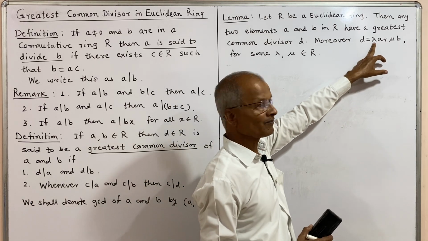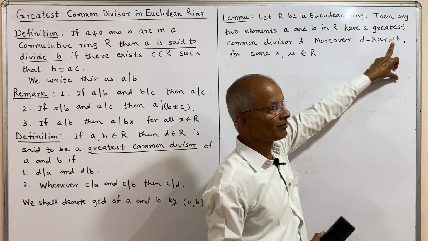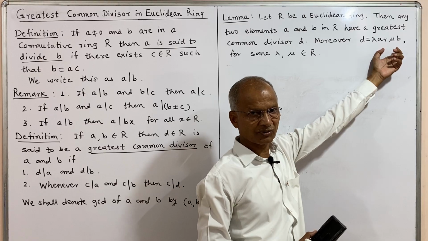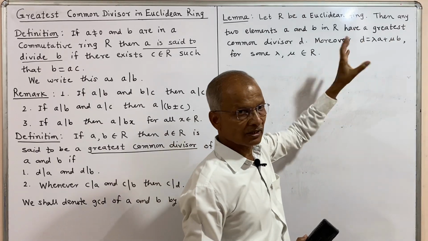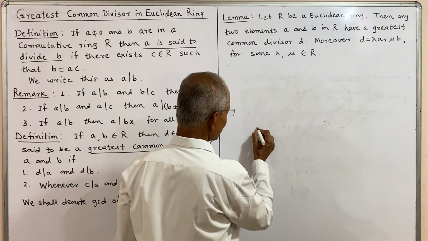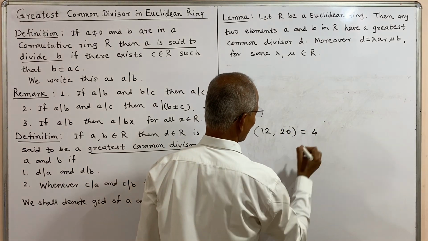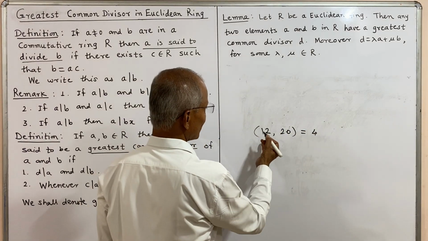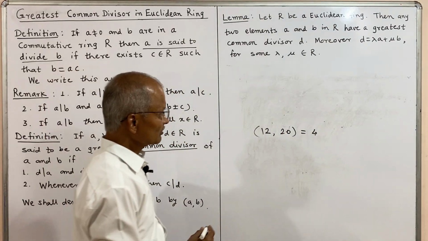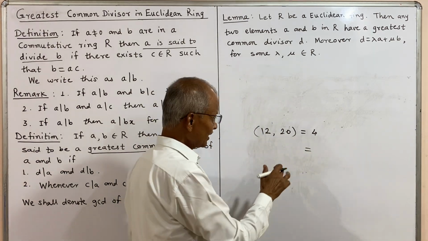A is multiplied by another element of R as lambda, and B is multiplied by mu, and then the combination is lambda times A plus mu times B, and that is equal to D. So D is expressed as a combination of A and B. For example, earlier we have seen the GCD of 12 and 20 is 4, because 4 divides 12, 4 divides 20, and 4 is the greatest common divisor. Now this 4 can be written as a combination of 12 and 20 in different ways.